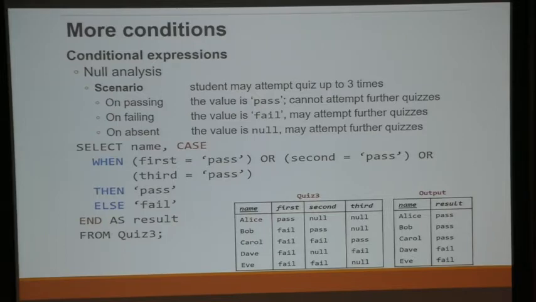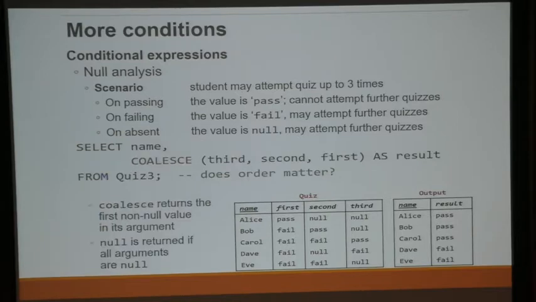But this one is actually going to be very, very tedious if you have n attempts. Okay, if you have 200 attempts, the code here will be very, very long. Okay? What we can do here is we can coalesce the values such that you take a series of arguments.